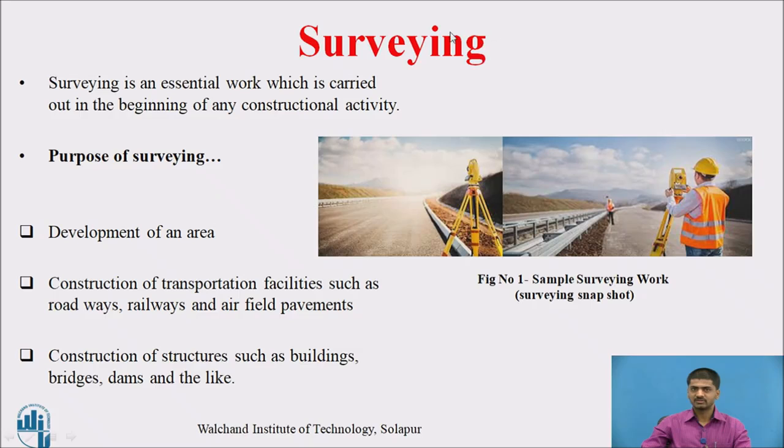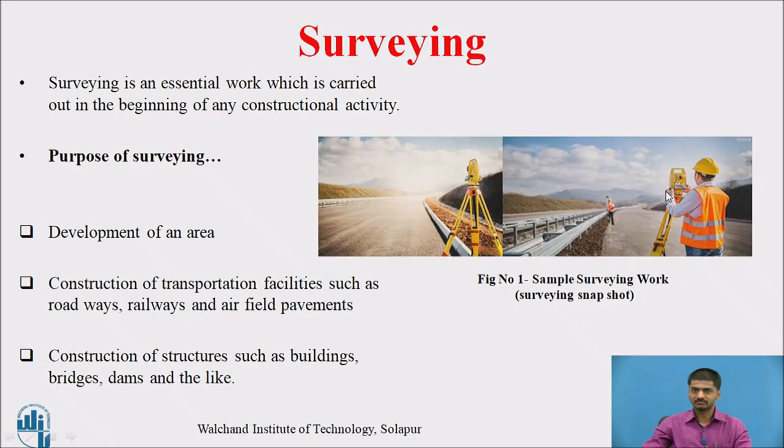First one, surveying. This is the primary branch. Surveying is an essential work which is carried out in the beginning of any constructional activity. For example, road survey work is present. Refer to these photographs. Bridge work is present.